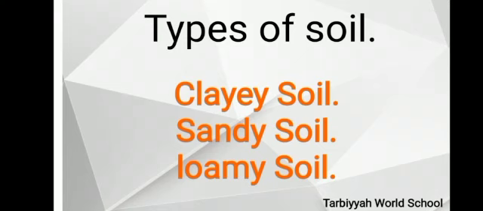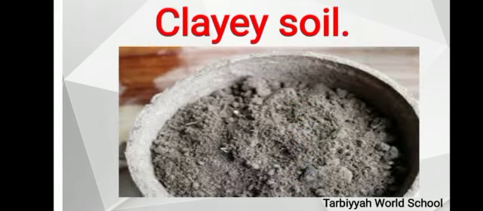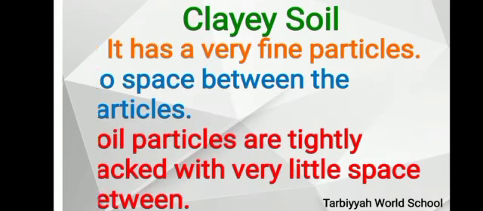Soil can be classified as clay soil, sandy soil and loamy soil. Okay, let's learn the clay soil. This is how clay soil looks. This type of soil has very fine particles. Soil particles are tightly packed with very little space between them.